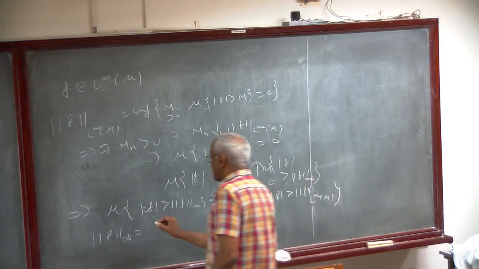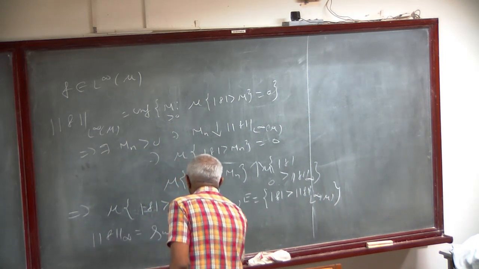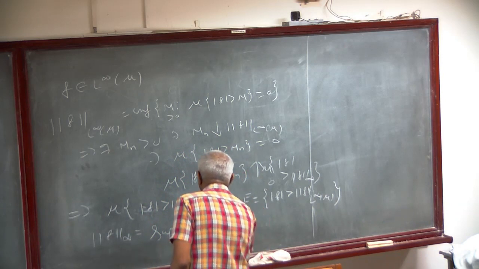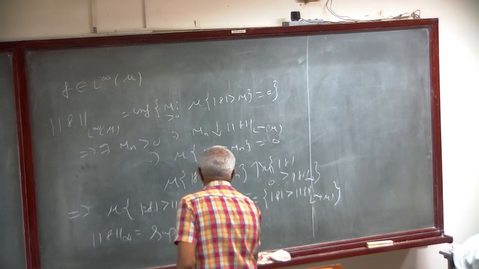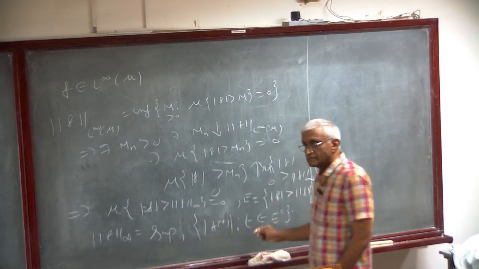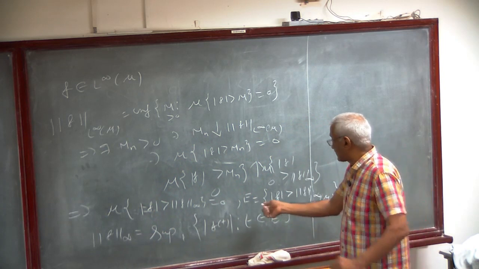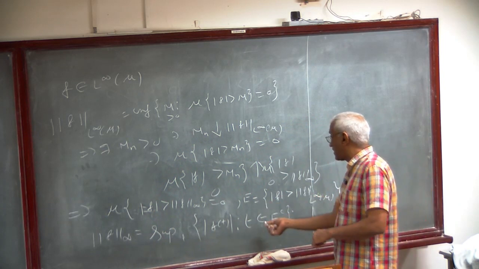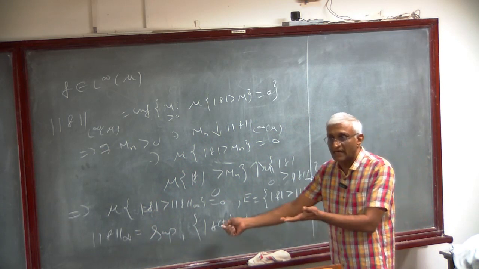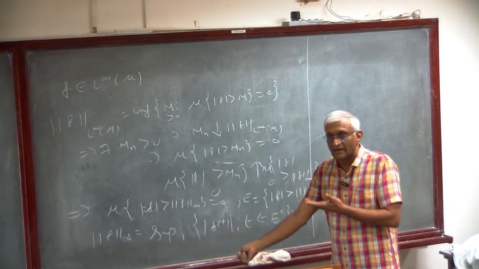The norm of f in L infinity is the supremum of mod of f of t such that t is in E complement. It's clear that in E complement, mod f is less than or equal to the norm of f in L infinity, and the supremum has to be attained. If it is not attained, then that will not be the infimum, you can argue, right?